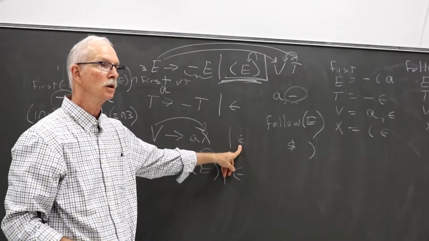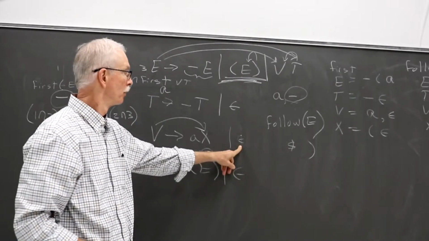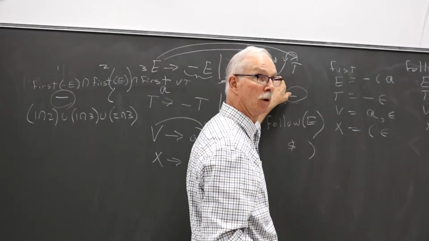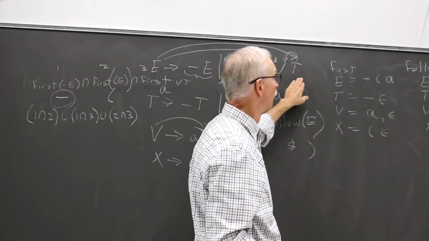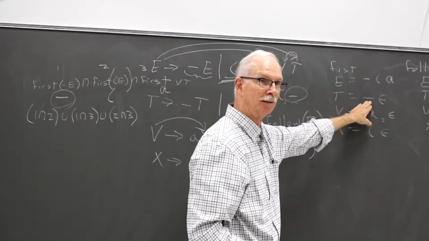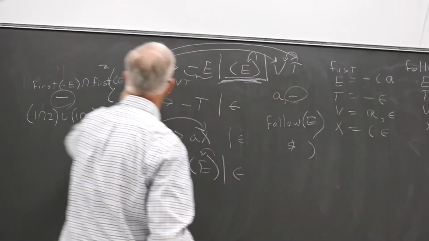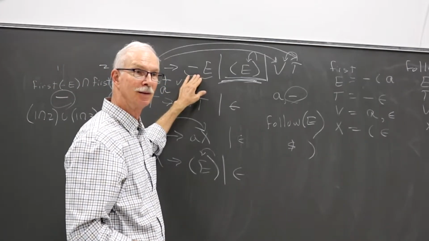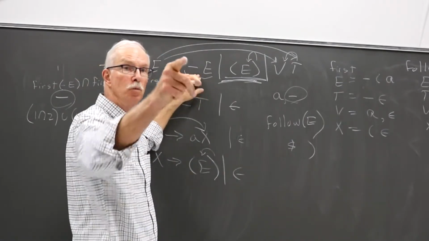The empty munged it because V went away, and it made us think about the first of T, and the first of T has a minus in it. And so now we got a conflict between this rule and this rule. Because you made me put an empty in there.